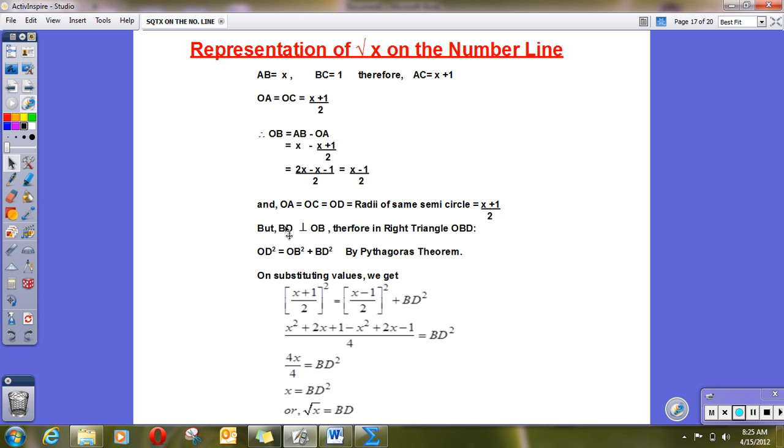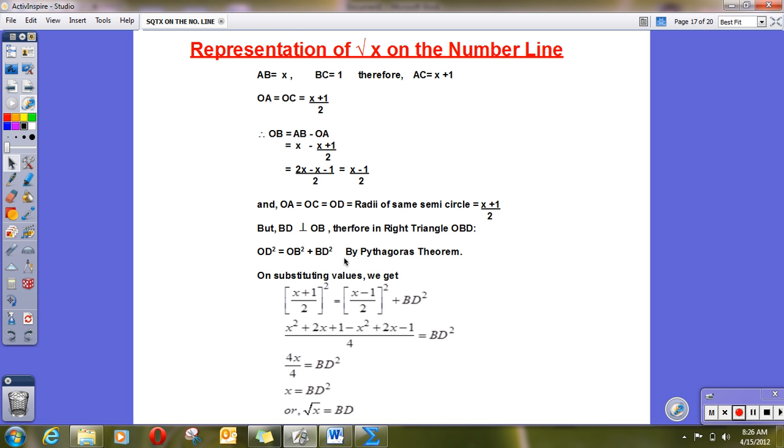But BD is perpendicular to OB, and therefore in right triangle OBD, OD square, that is hypotenuse square, is equal to OB square, which is base square, plus BD square, which is height square, by Pythagoras theorem.